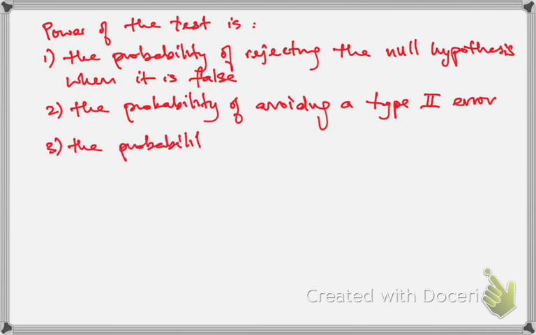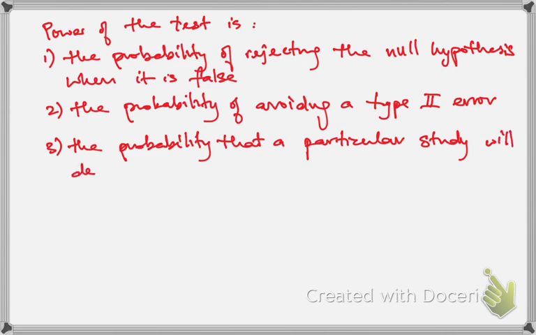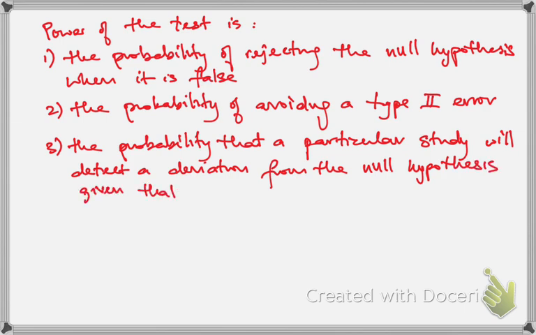The third way to look at it is that it's the probability that a particular study will detect a deviation from the null hypothesis given that one exists. So power equals 1 minus beta. And what is beta? Beta is your type 2 error.